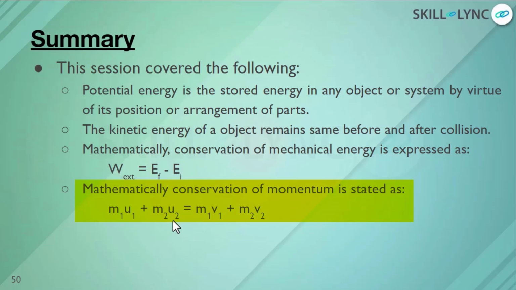Thus, u1 and u2 are the initial velocities of object 1 and 2, whereas v1 and v2 are the final velocities of object 1 and 2. Similarly, we can see m1 and m2 in both LHS and RHS. m1 is mass of object 1 and m2 is mass of object 2. Thus, conservation of momentum is mathematically expressed as m1u1 plus m2u2 is equal to m1v1 plus m2v2.